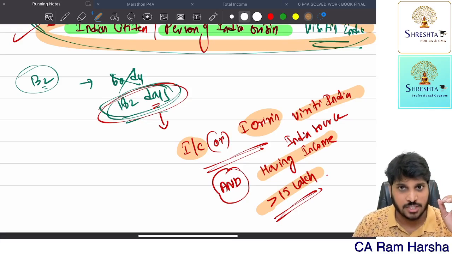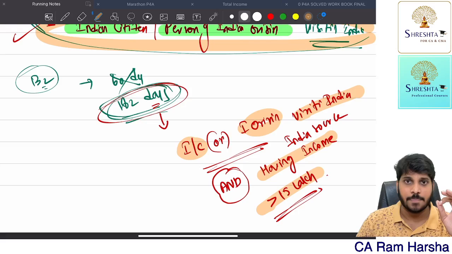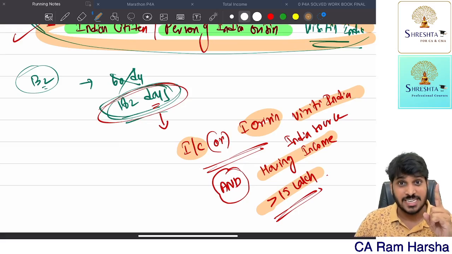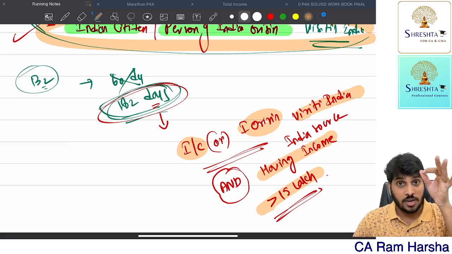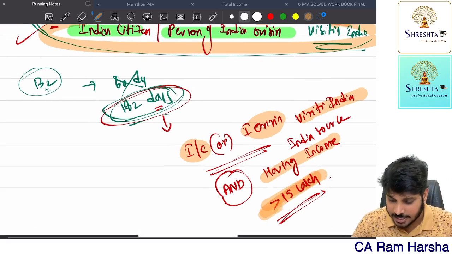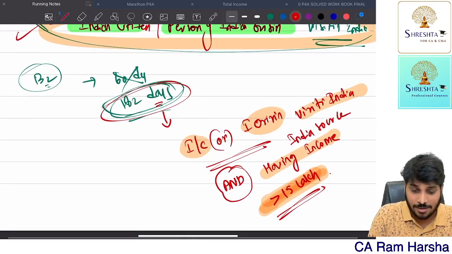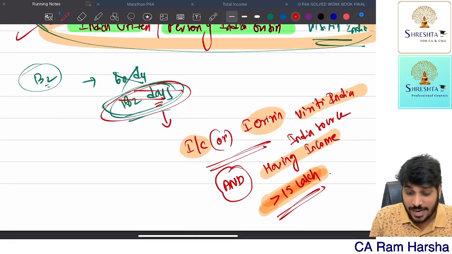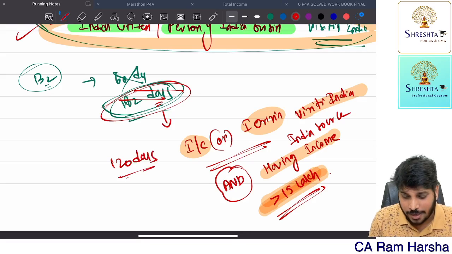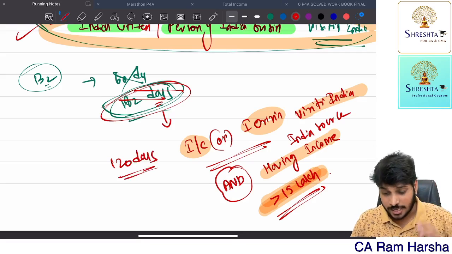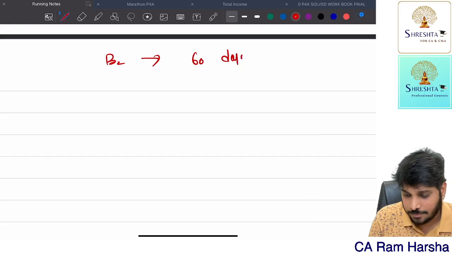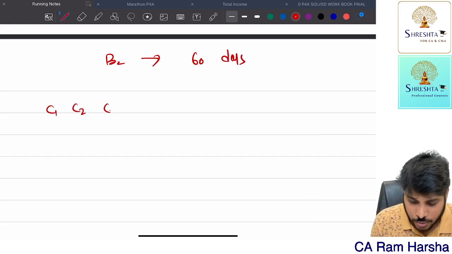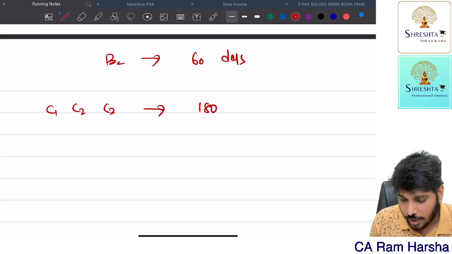If the place of accrual of income is in India, or if it's a business controlled from India or profession set up from India, only that is considered. If that income is exceeding 15 lakhs, then not even 182, 120 days logic will apply. See, B2 condition originally 60 days. For case 1, case 2, case 3, what is the logic? 182 days.